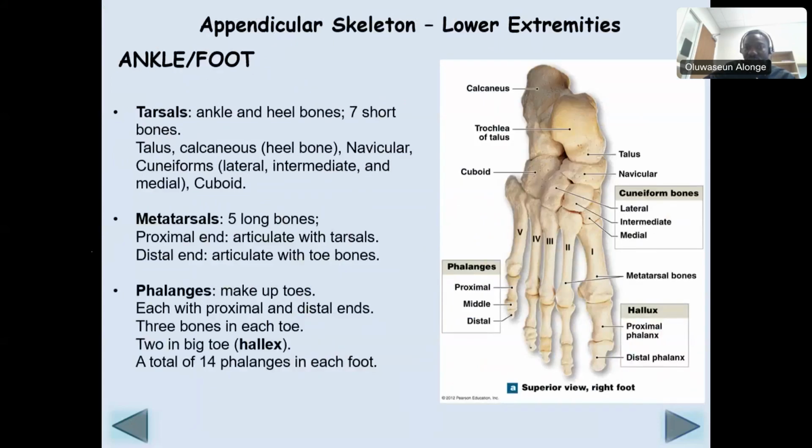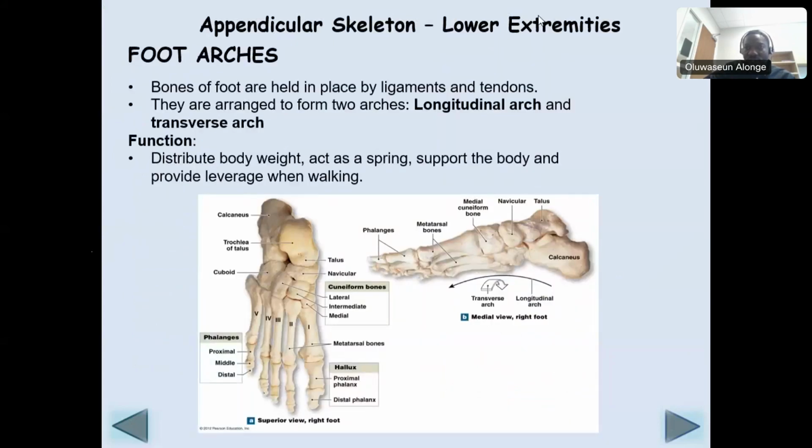As you are seated here, this tells you how the weight is transferred. The weight comes from the femur, gets on the tibia, and then comes to the talus, then the calcaneus. This is what we call the heel bone. The calcaneus is the bone that bears the overall weight of our body, and it makes us move when you are walking.